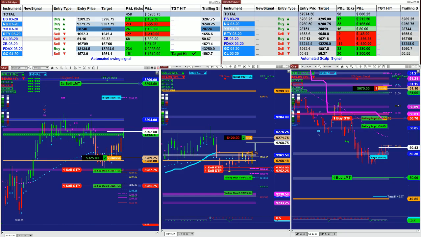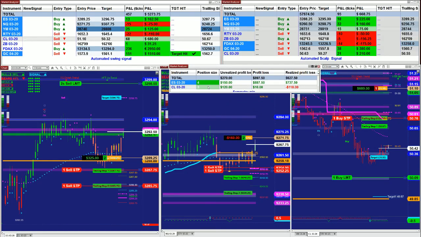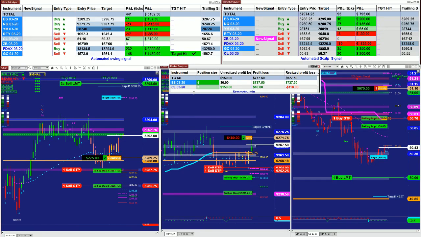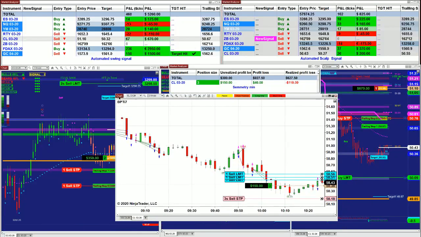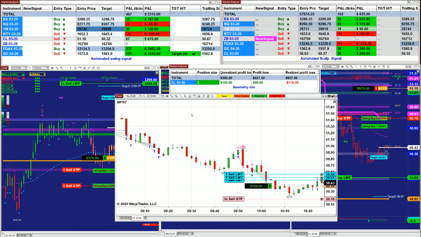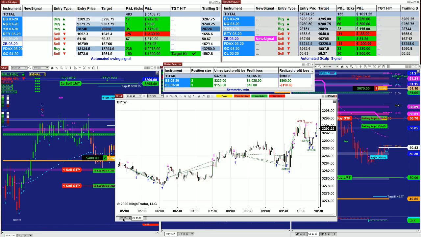For the symmetry, they are actually very good because they give a pretty good signal of where we're going in the market. Okay, so now we are on the second trades on the symmetry, and we had a lousy trade back then on the CL.